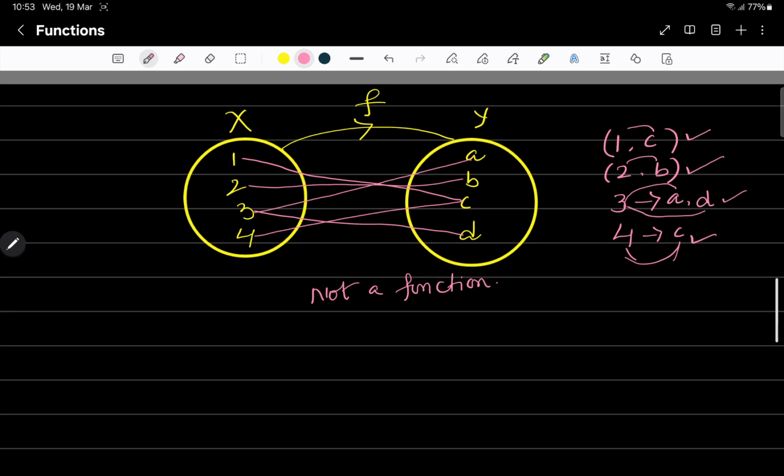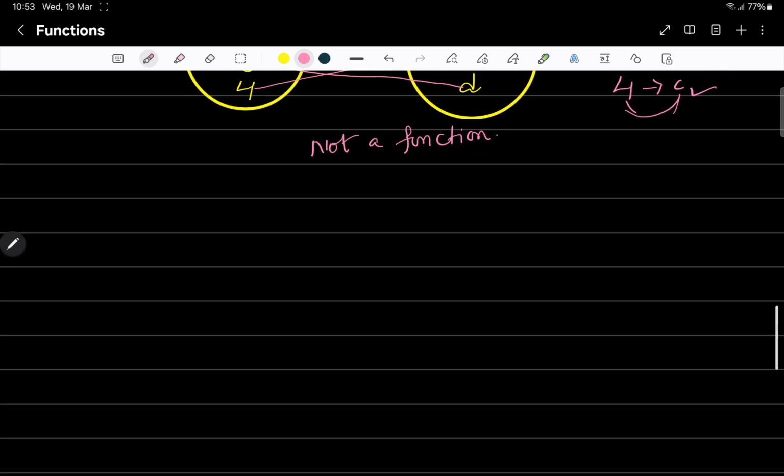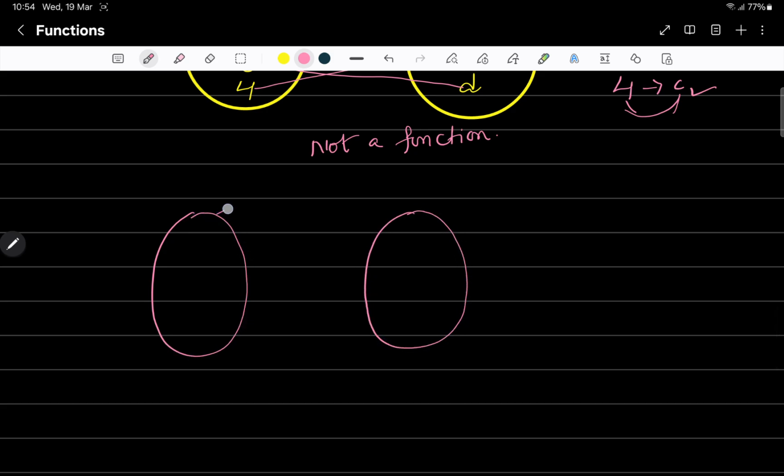Okay. So function means every input has only one output. See one more example. So this is X and this is Y. So in first group I am taking 4 letters A, B, C, D. In second group I am taking -2, 0, 1, 5.